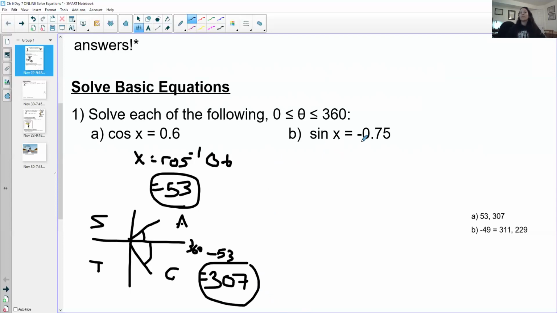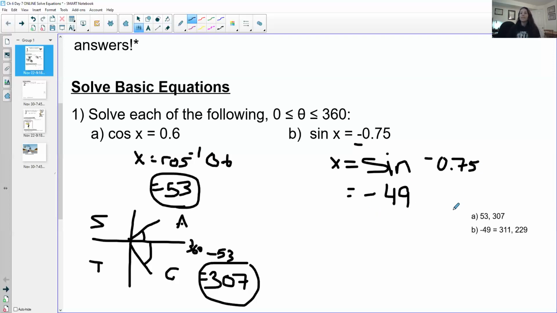This time sine of x is negative 0.75. Again, take the inverse sine. When you plug that into your calculator, you probably get around negative 49. I know there's some decimals, but if you follow proper rounding rules, you should end up at negative 49.